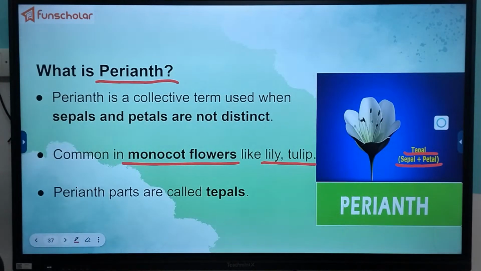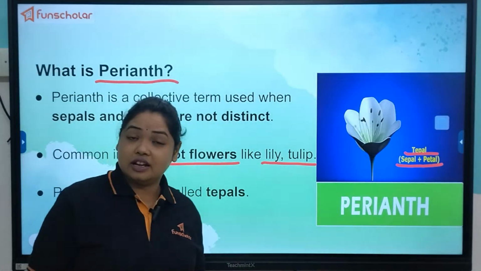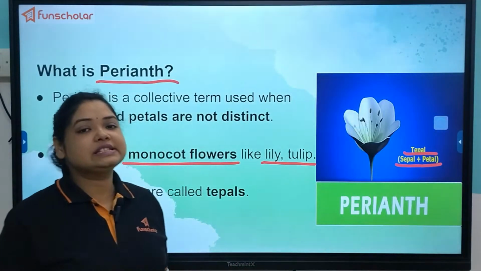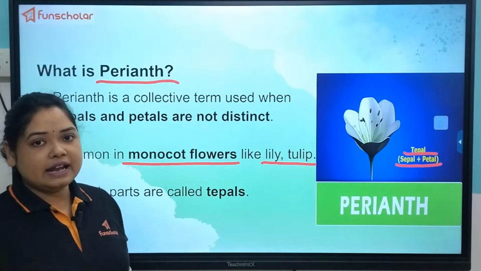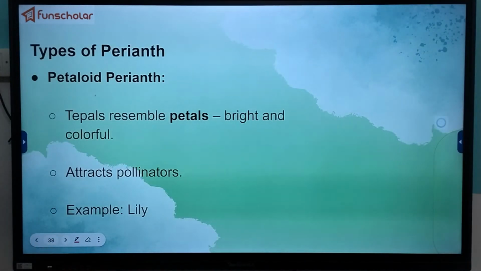Now this perianth can either be like sepal, that means green in color and protective in function, or like the petals, that means colorful and attracting the pollinators. So based on that, we have two types of perianth.